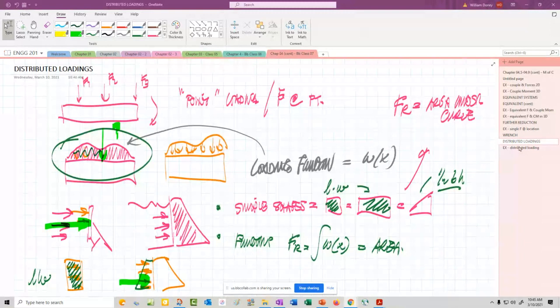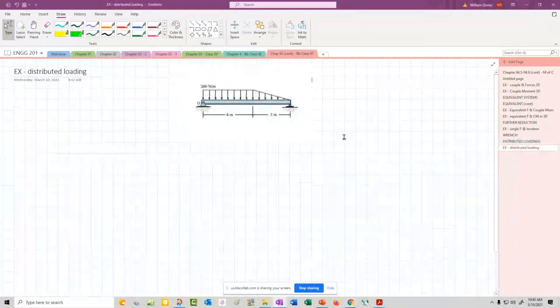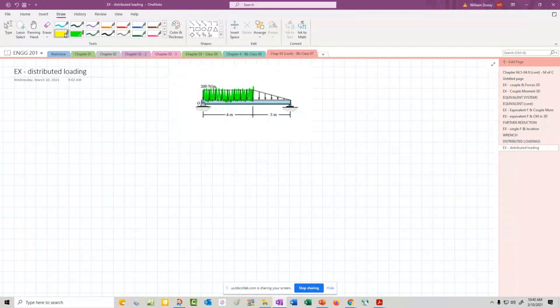So if we have a setup like this, even though that's not common, we could break that into common shapes, meaning we could have a rectangle here. And here we have a triangle. So we would split it up into two different areas, two different forces. Whereas if we had a function on there, a curve, we would have to integrate that to get our resultant force.